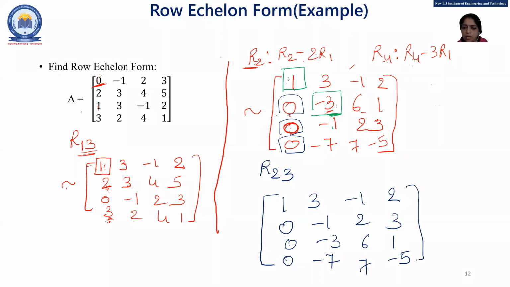Right? Okay. So students, for first column, this is leading element. All below elements are 0. Now we'll move for the second column. This should be +1. But here is -1. So if I multiply my second row by -1, then here my next operation is I multiply my second row with -1, right? So what is my next matrix?